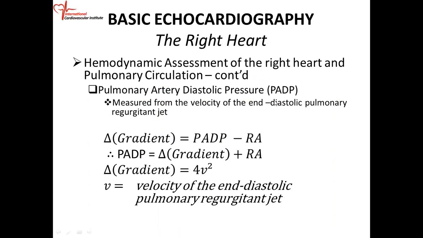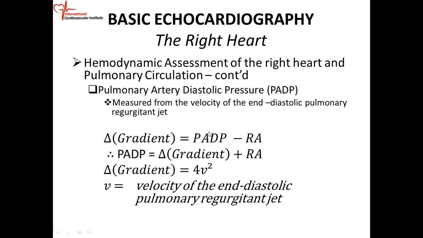All right, so to get your pulmonary artery diastolic pressure, you have to look at your PI, pulmonic insufficiency, and you want to get your end velocity. You're going to measure the velocity at end of diastole. You're going to square that velocity, multiply it by 4, and you're going to add your right atrial pressure.